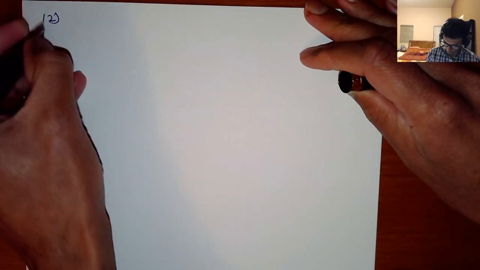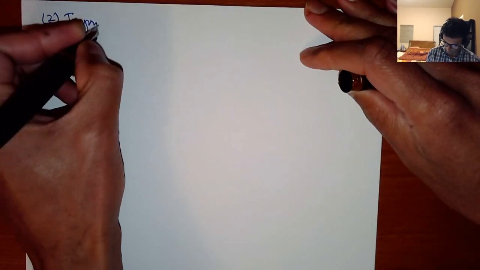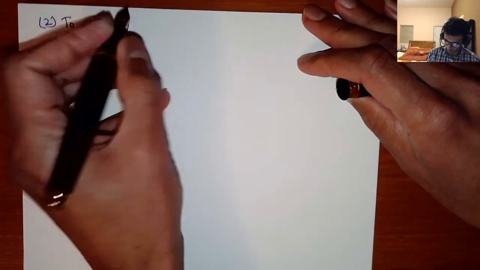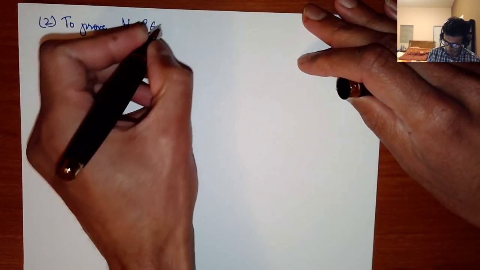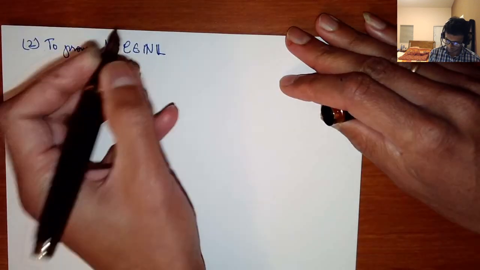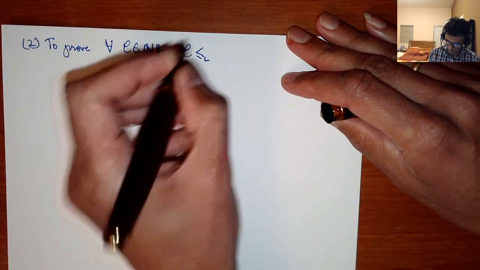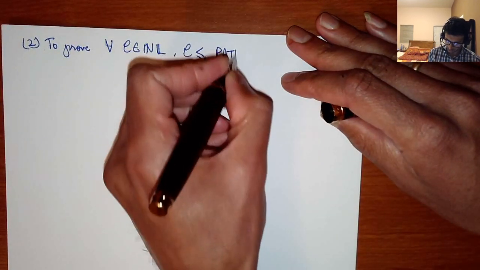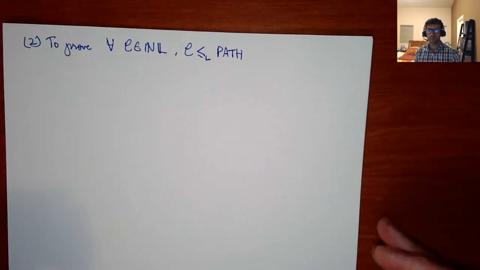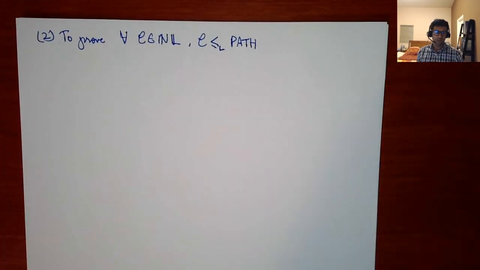But now we need to prove the more difficult part. We need to prove that for all languages C in NL, the language C can be reduced to path. So we need to show in some sense that the directed path reachability problem is the canonically hard problem in NL.